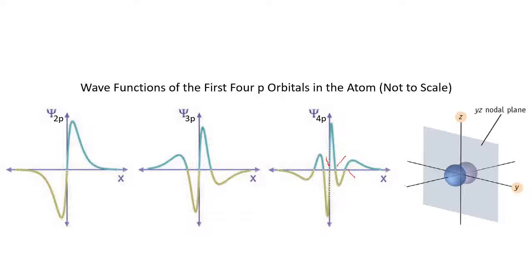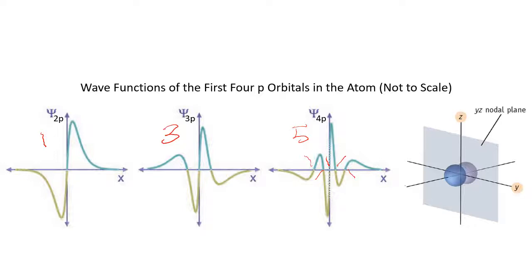In this direction, I cross here, and I cross here. So now in the 4p wave function, I actually cross the x-axis 5 times. In the 2p, I crossed once. In the 3p, I crossed the x-axis 3 times. And in the 4p, I crossed the x-axis 5 times. And you can see kind of a trend developing here.